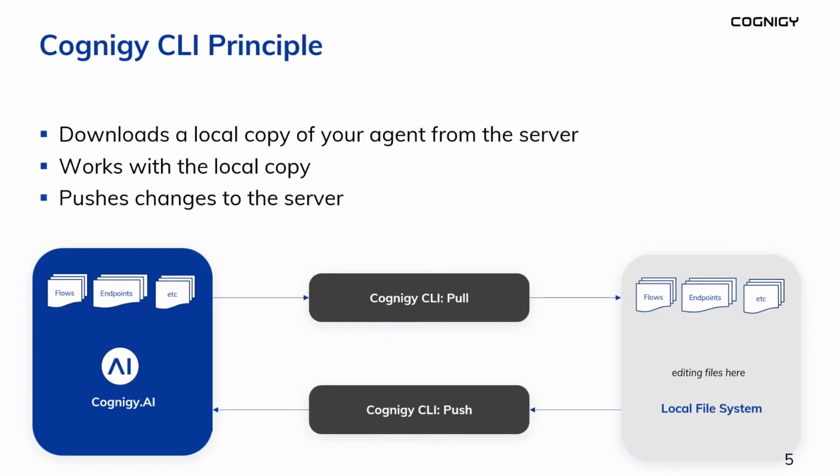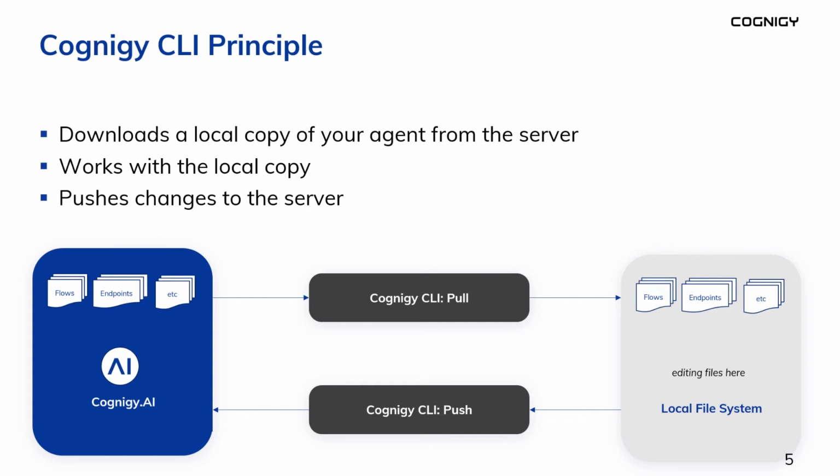Now, the basic principle behind the CLI is that the CLI will pull information from Cognigy AI and store it on your hard drive. Then you can work with those local copies on your hard drive. And then when you save them, you can push the changes back to Cognigy. Most of the time you're making your changes locally, and then you're pushing them back into Cognigy.